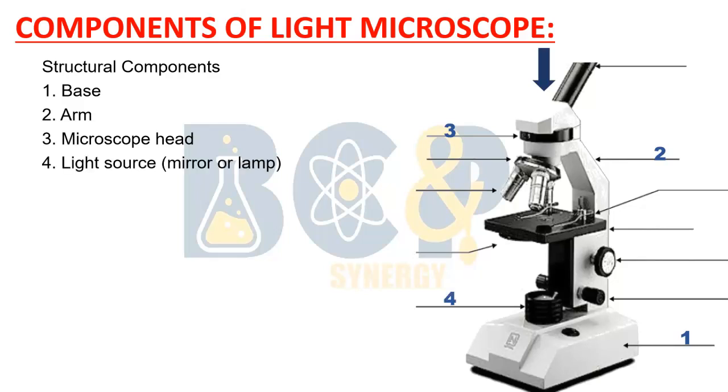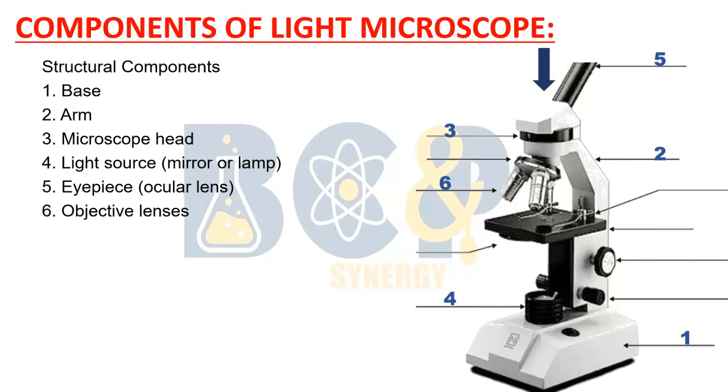Then there is a light source from where the light is refracted towards the specimen or the structure that has to be observed. There is an eyepiece or ocular lens placed above the microscope head, and below microscope head is the objective lens or objective lenses.